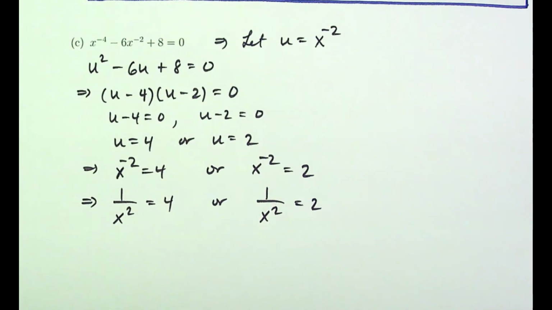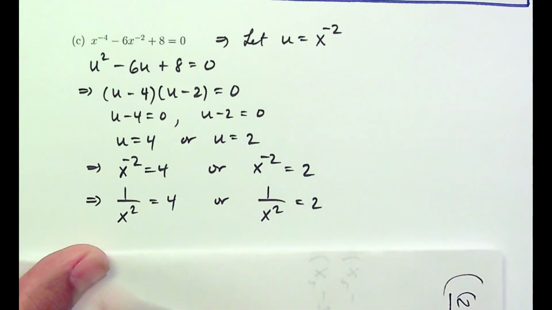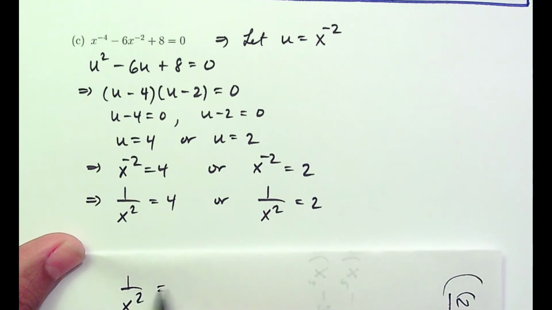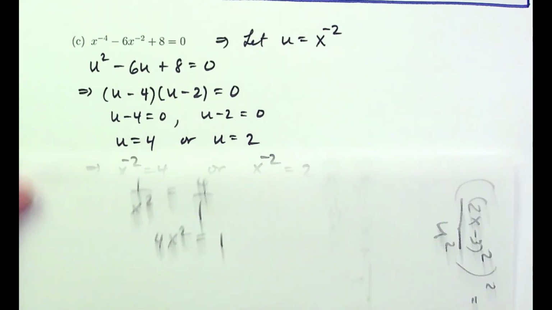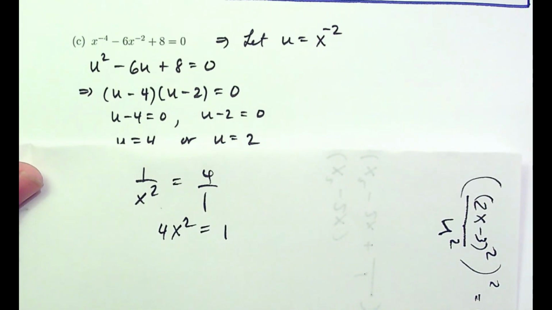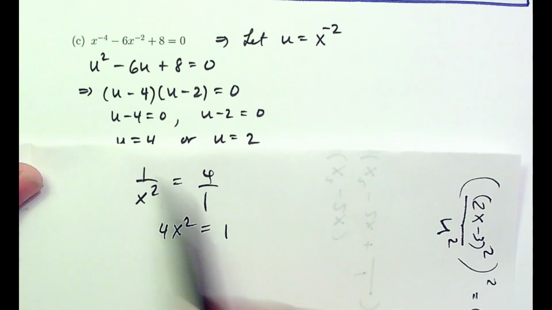Now you can either cross multiply if you imagine the 4 as being a fraction like 4 over 1. So 1 over x squared equals 4 over 1, and you cross multiply. That means 4x squared equals 1.